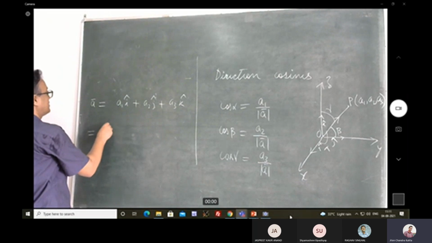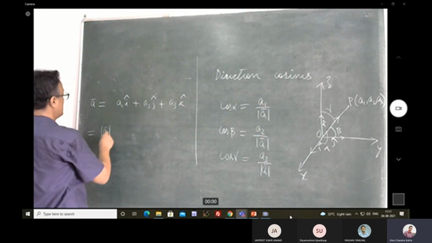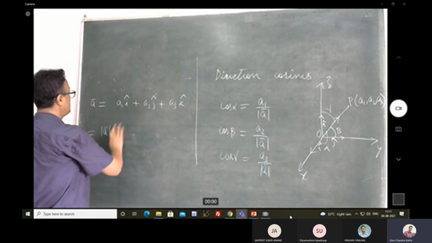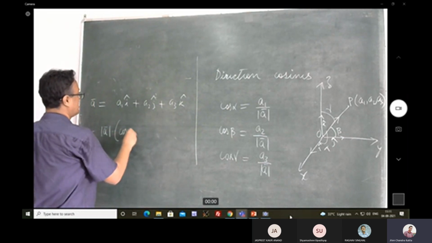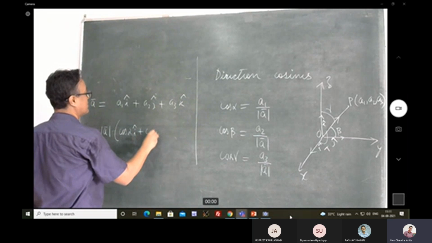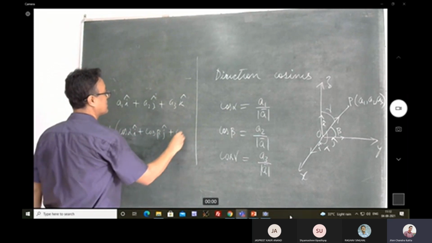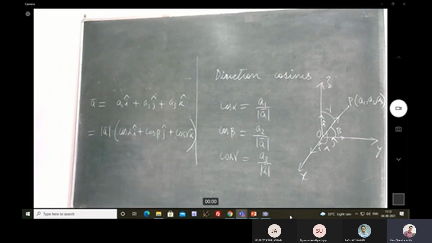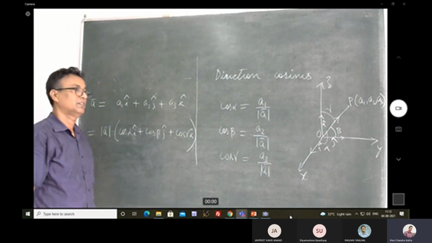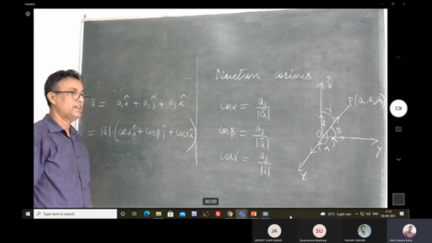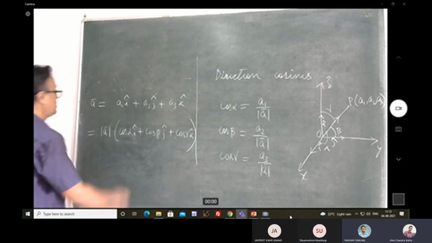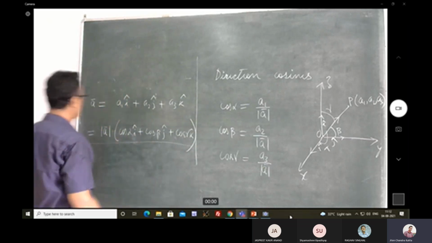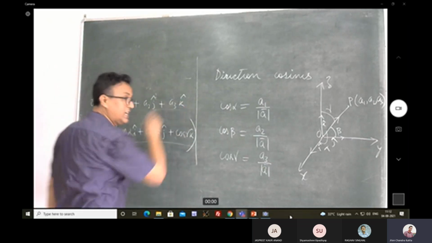And from here, I can write that this is simply cos alpha i plus cos beta j plus cos gamma k. Is it okay? Fine? So in this way also, the vector A can be expressed.